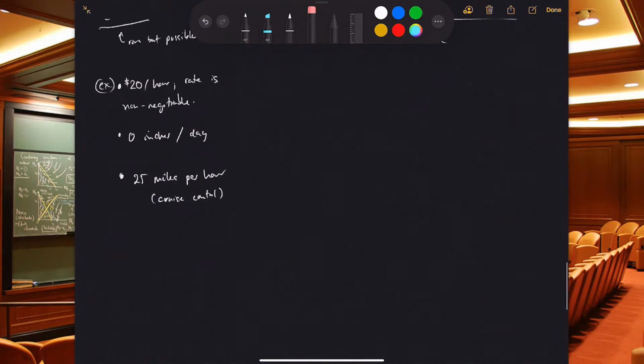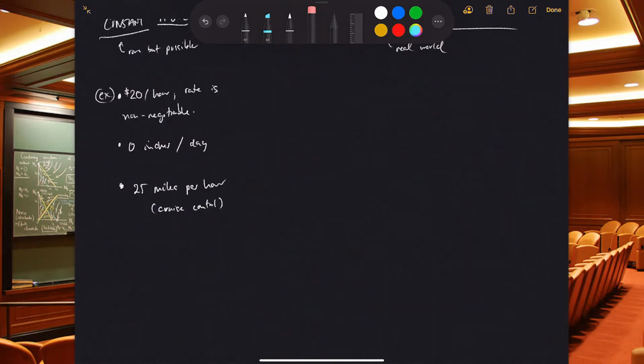How these things look for the $20 an hour rate, it might look something like this. Y equals 20h. For 0 inches a day, what would this function look like? Well, it'd look like it's sitting right on the x-axis. Y equals 0x, which is just y equals 0.